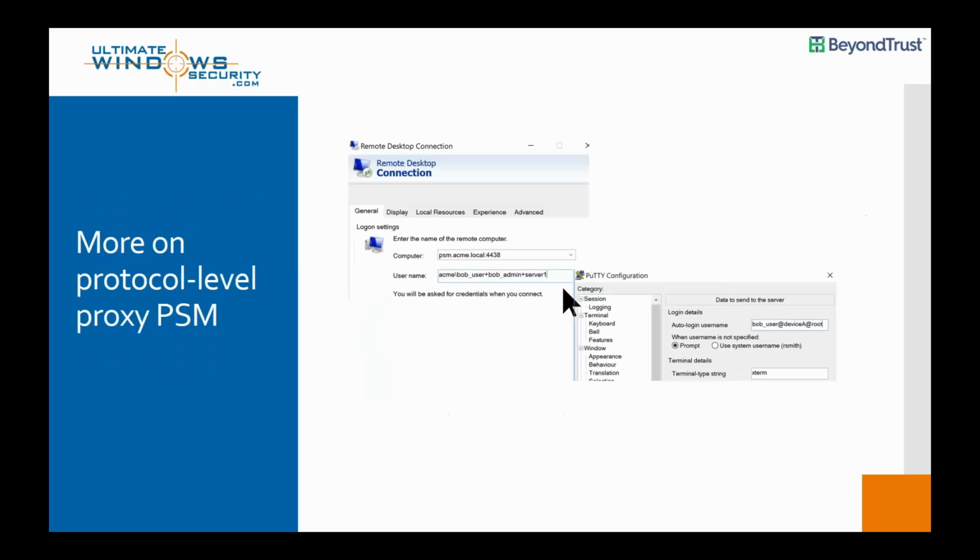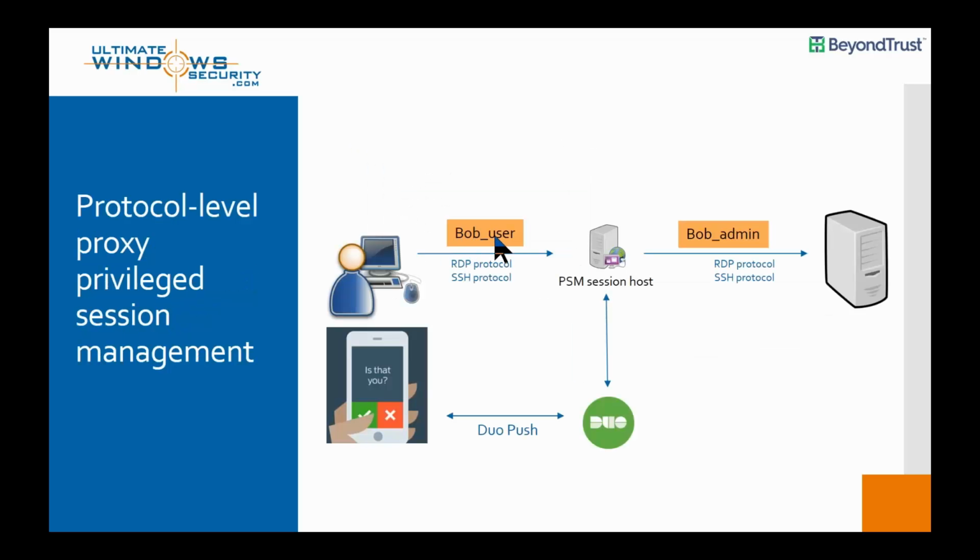We capture that because if we're looking at the screen, right, we can see the PSM host is psm.acme.local, and you connect to it over 4438. So he captures that. And he captures the name of the account, and he captures the password of Bob user.